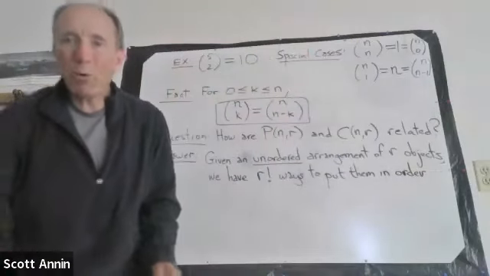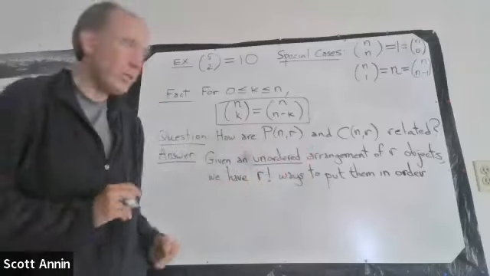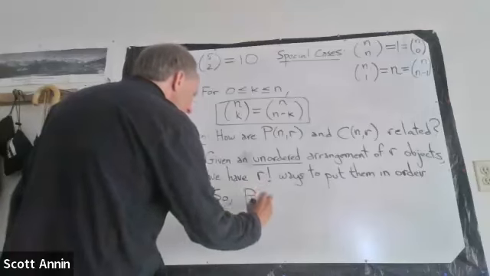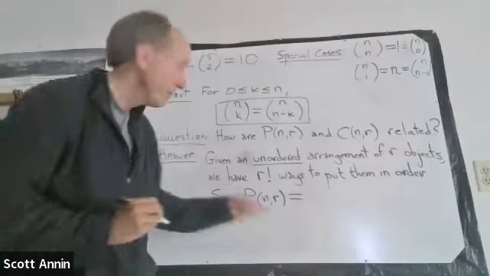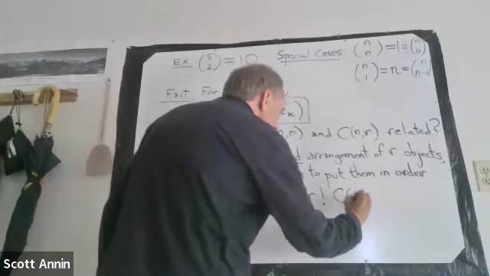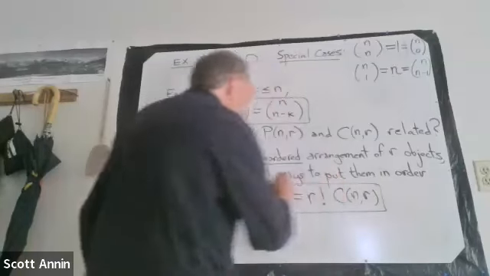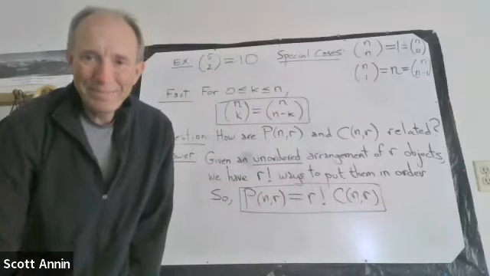In other words, if I want to take a combination and turn it into a permutation, then that would just be R factorial possible rearrangements of a combination of R objects, right?